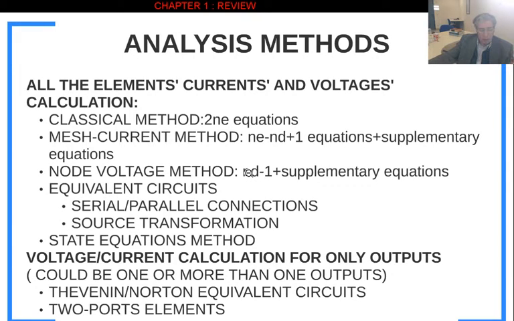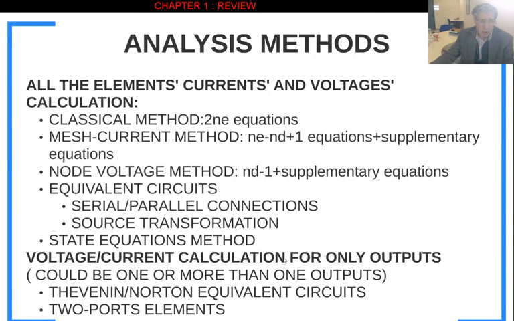But from time to time we might need to find only the output elements' currents and voltages. There could be one or more than one output.